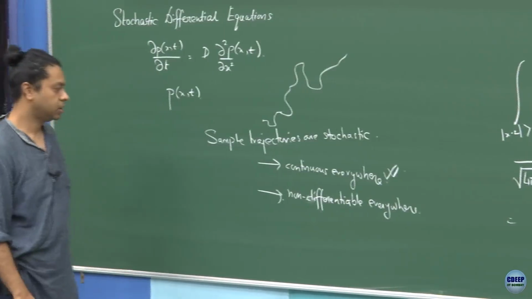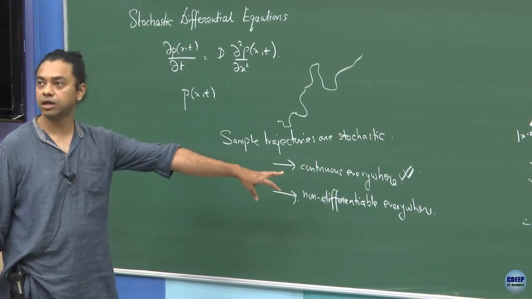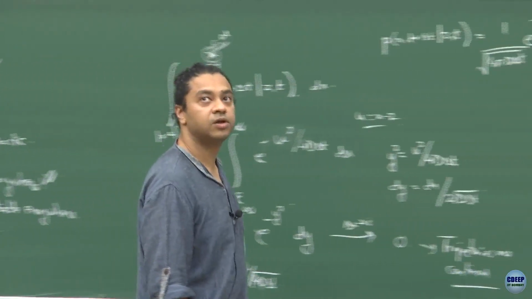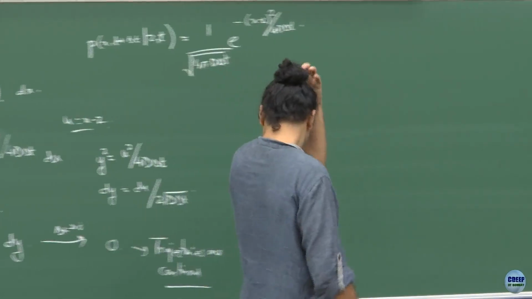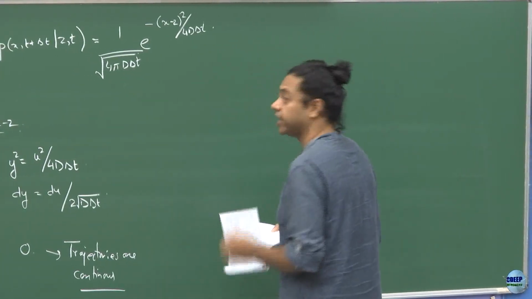So, this tells me that although my sample trajectories are stochastic, they are continuous everywhere. Is this clear? Okay. On the other hand, we can show that although they are continuous, they are also non-differentiable everywhere. So, we can calculate the velocity.